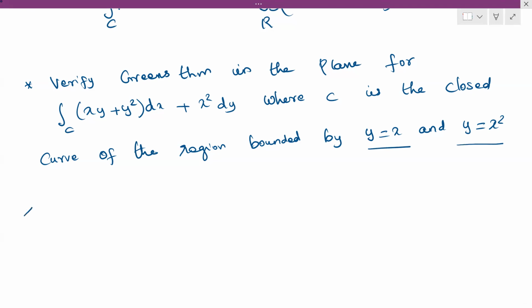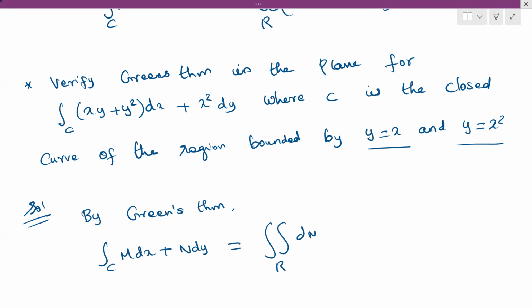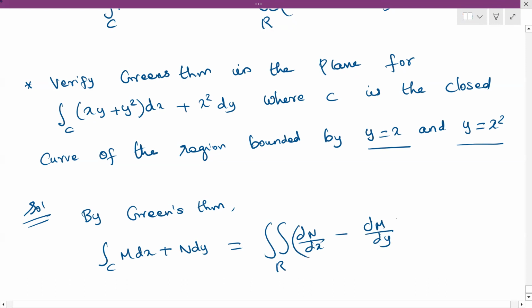So how to start this problem: first we have to write the statement of Green's theorem. By Green's theorem, what is the LHS? LHS is integral over C of M dx plus N dy. It should be equal to double integral over R of dou N by dou x minus dou M by dou y dx dy.